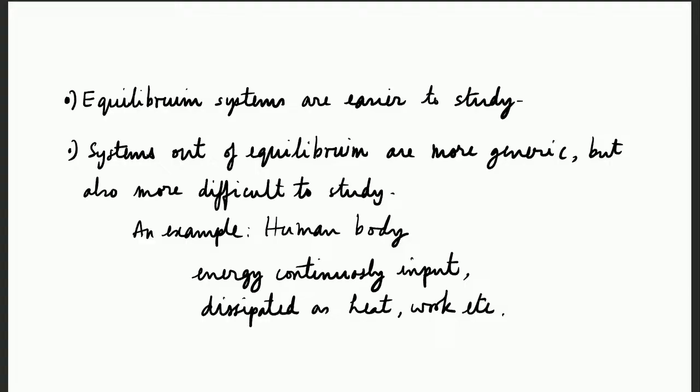The whole thing is based on an energy current in the system, which is true with most of the things you see around you. So most things are out of equilibrium, but they are more difficult to study also, and so it's better to first understand equilibrium systems and then understand things out of equilibrium.